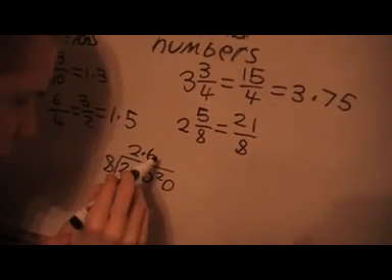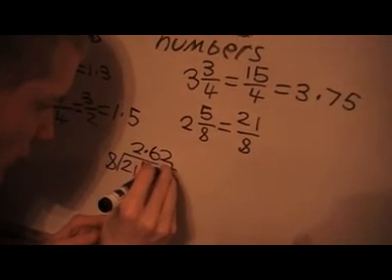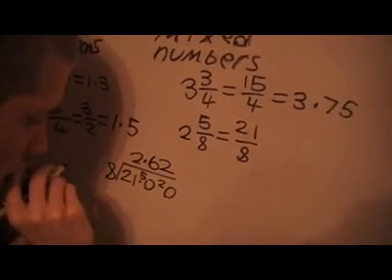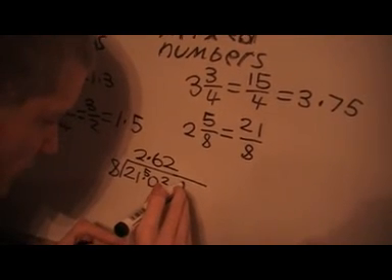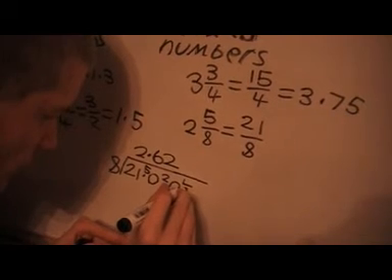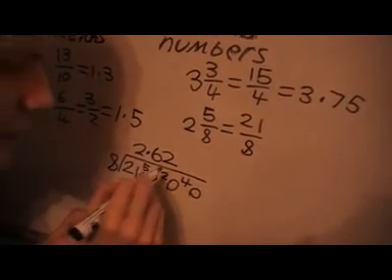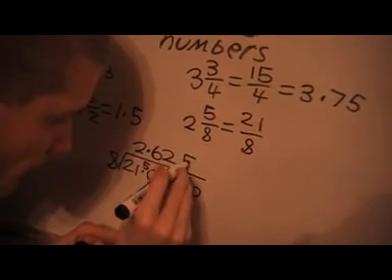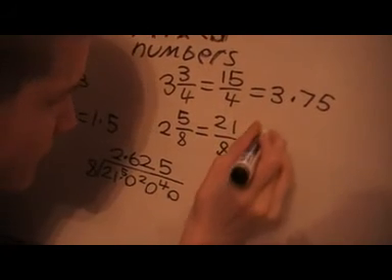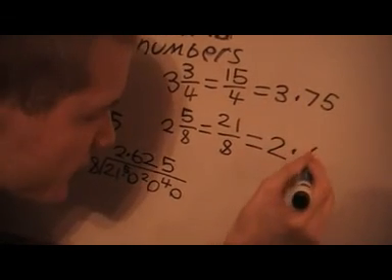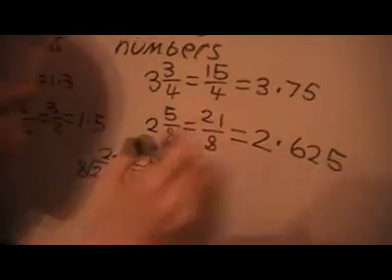And that's going to go into 22 times. And then we're going to have a remainder of 4. So that's 8 into 40, which is going to go 5 times. So we're going to get 2.625 as our answer.